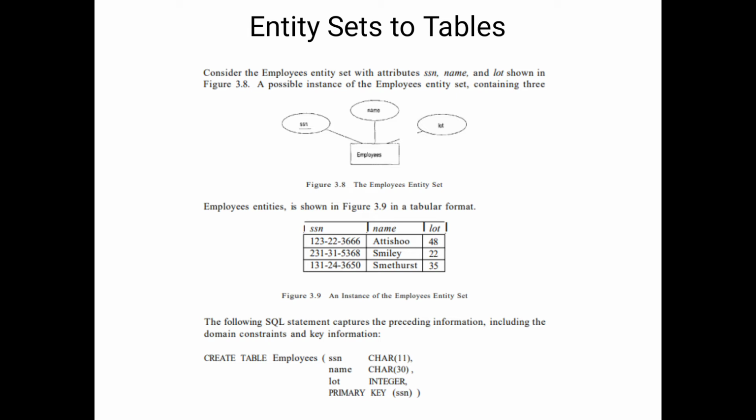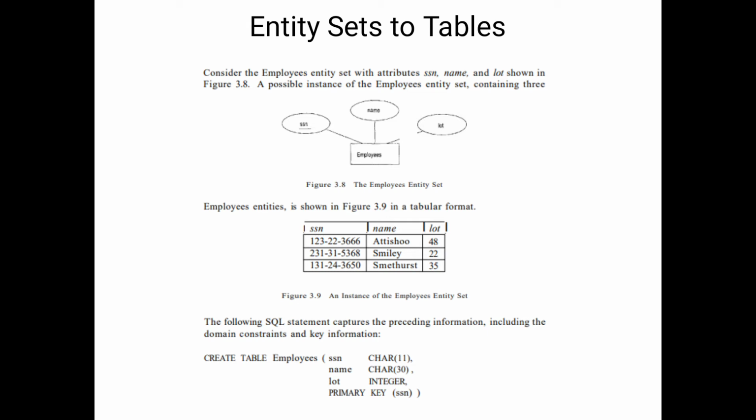Please observe this figure 3.9: SSN, name, lot. We will consider SSN as the primary key, because in figure 3.8 the SSN is represented with a circle with underscore. What does a circle with underscore tell us? That it is the key attribute. That's why we will consider it as the primary key.